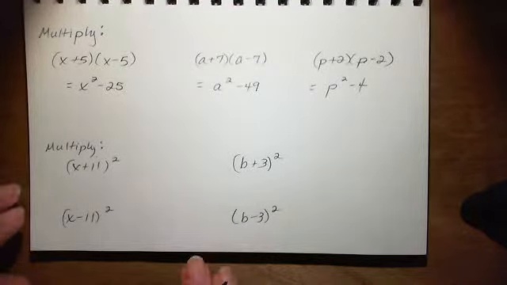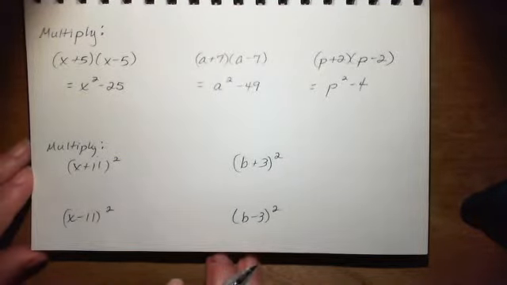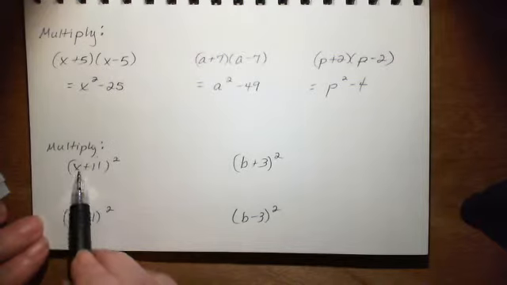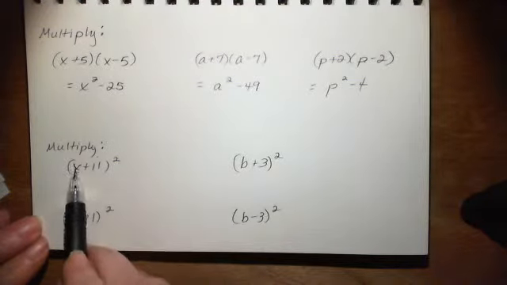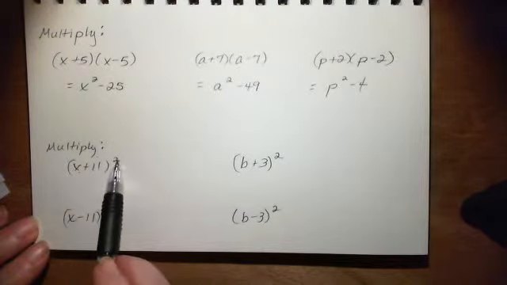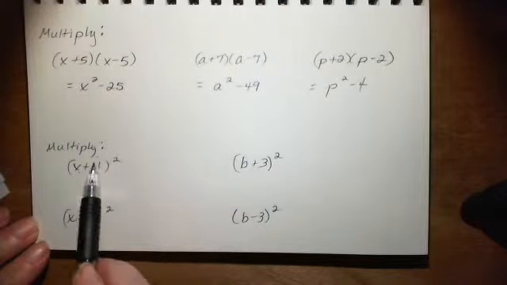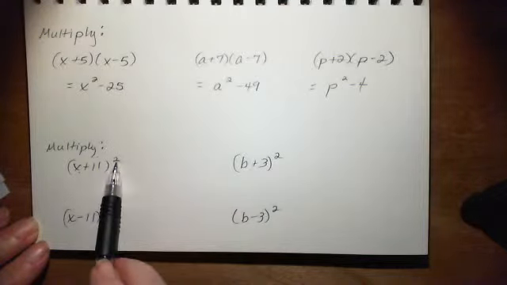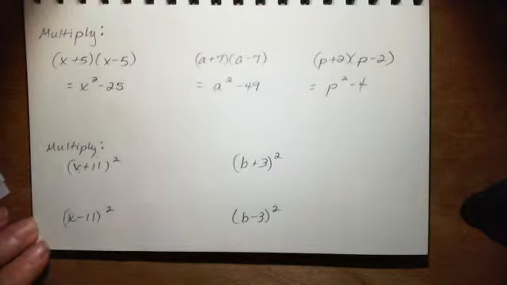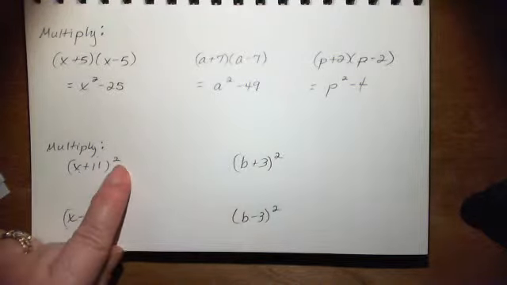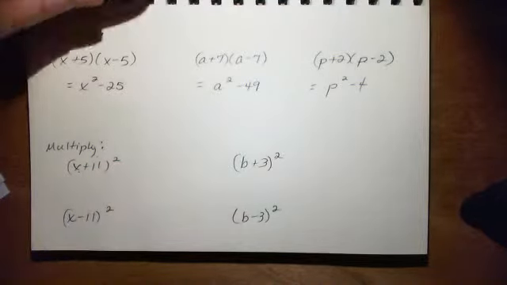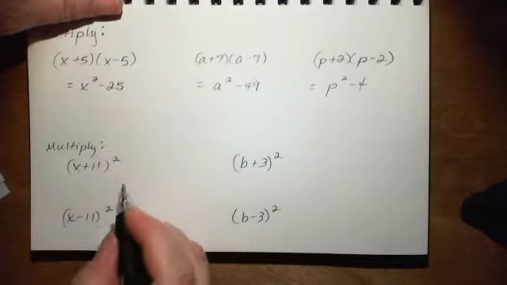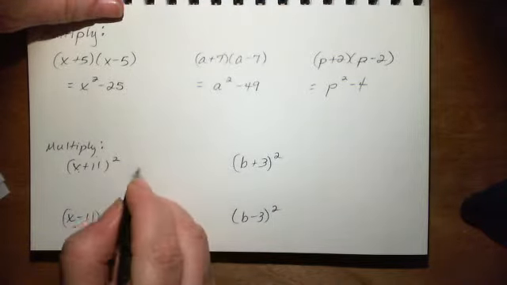Alright, that's one pattern. Another pattern is when we square a binomial. Okay, many students want this just to be x squared plus 121. But remember, we're squaring a binomial, so this is just a shorter way to write a FOIL. And you can put this down twice and FOIL.